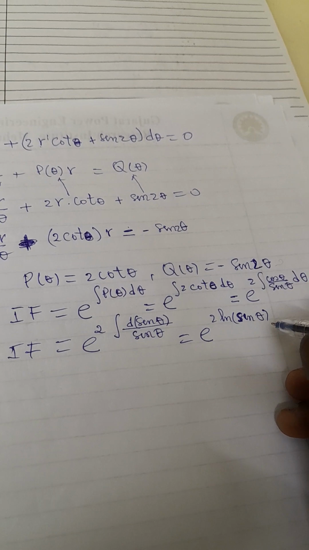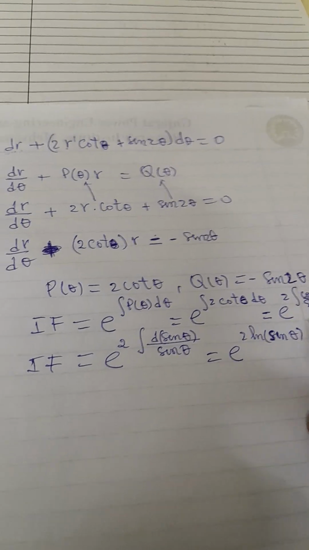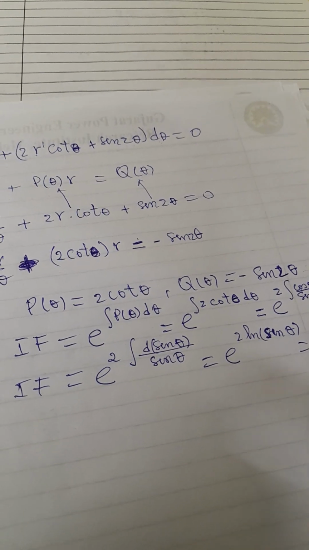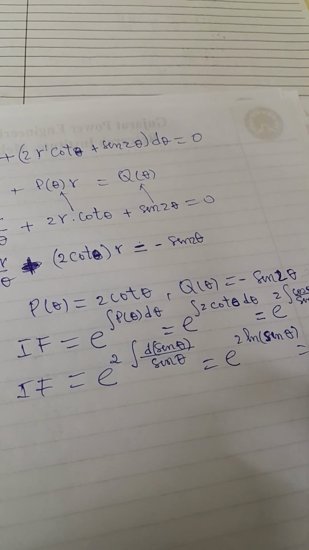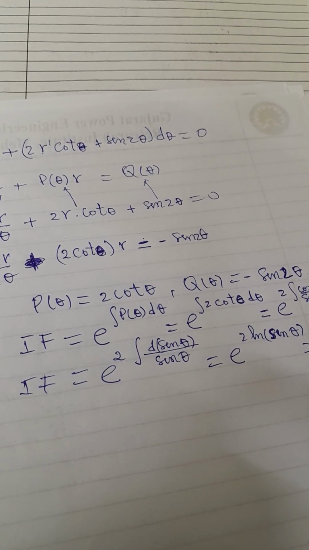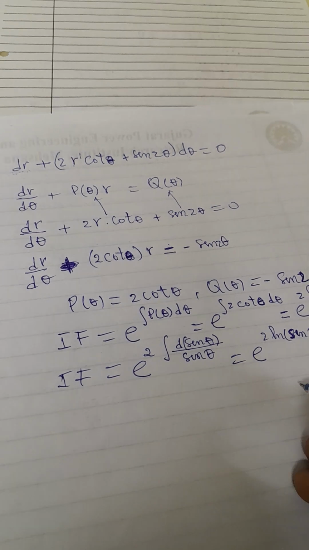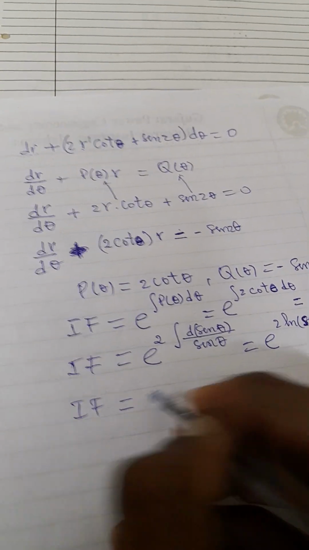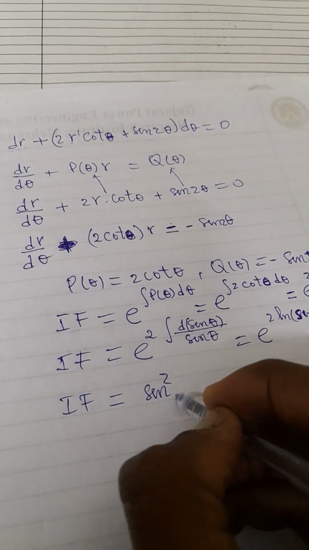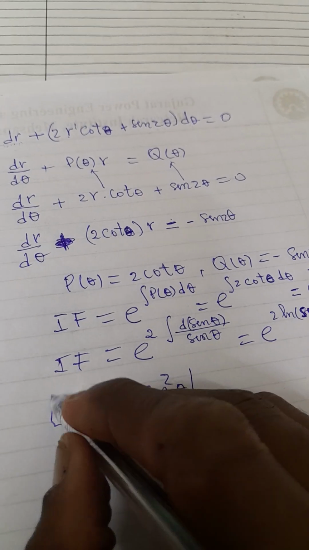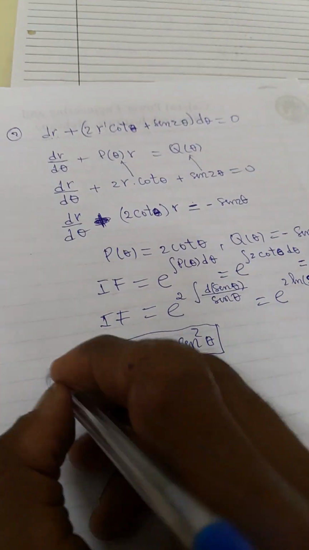Okay, sin theta. So these two come up, you're going to have Euler's number raised to ln of sin squared theta. What will it be? It will be equal to sin squared theta. This is your integrating factor.